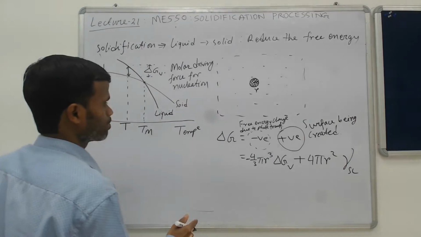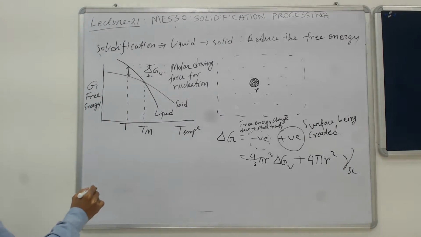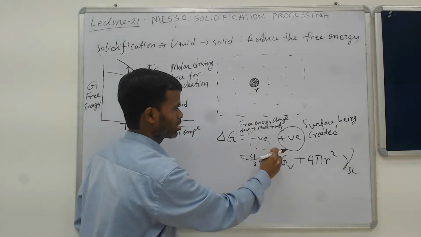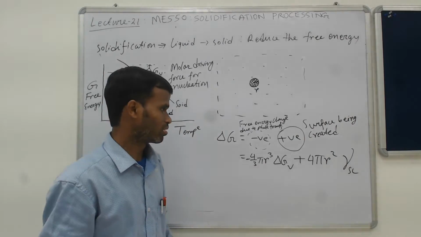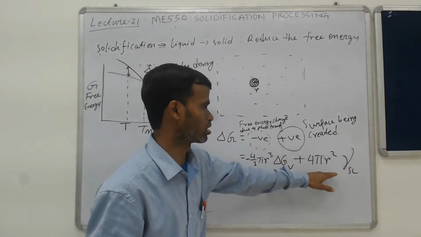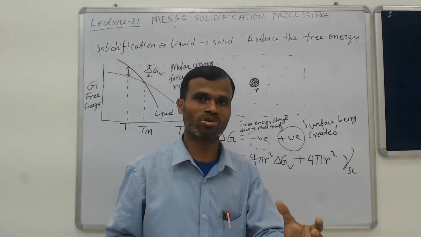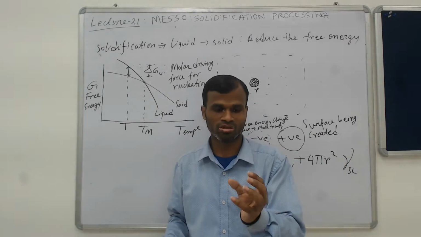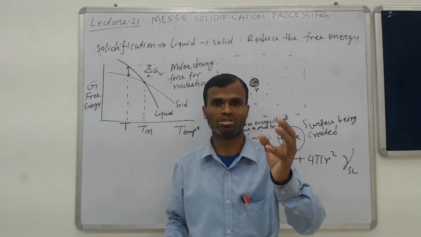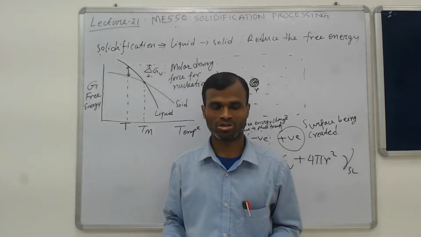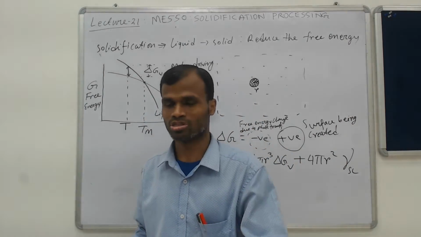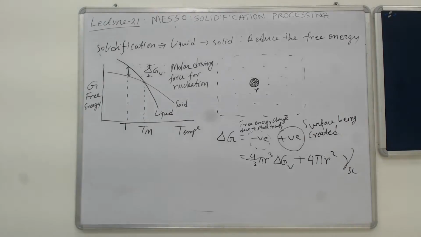Now we have already discussed that the moment you create a surface, there is a positive change, and because of the phase change there is a negative change. The system will try to reduce the free energy, but because the surface is being formed, the free energy is increasing. So this is a kind of resistance. The surface free energy which is being added to the system is a resistance to the solidification.